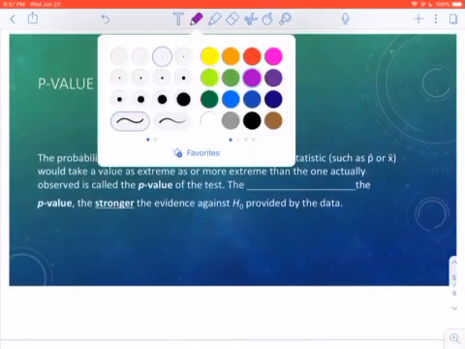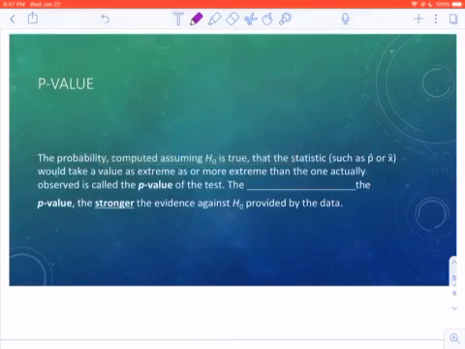The bread and butter of statistics is called the p-value. If you understand statistics at all or do any type of analysis with statistics, the p-value is your payday. You're going to be using p-values to show that you have evidence against the null hypothesis.